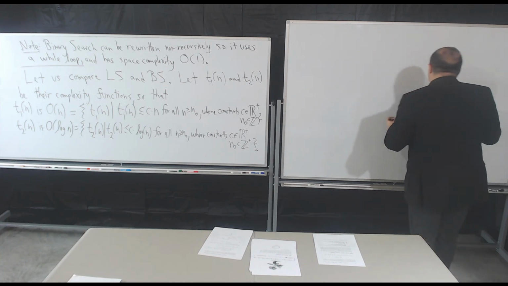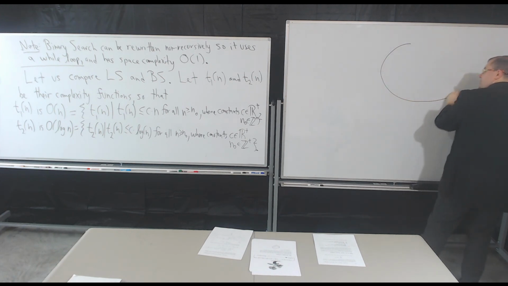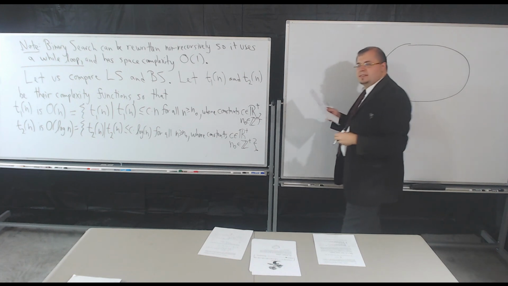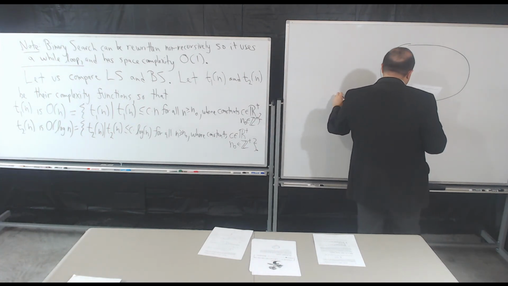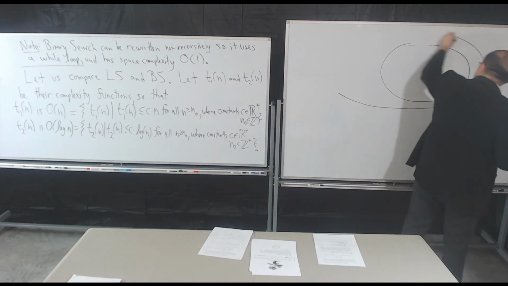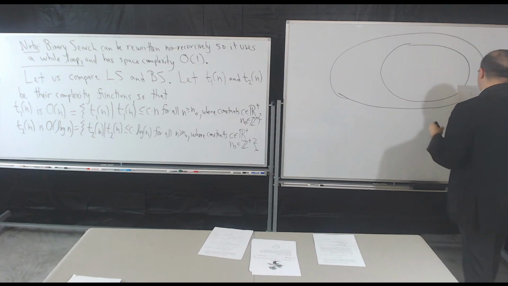So I just want to motivate this with one last picture before we switch to a new topic. So I ultimately want to answer our question: how do I know one algorithm is more efficient than another for all the problem instances, in the worst case? I'm going to draw two circles. These are going to represent these two sets that I have here.